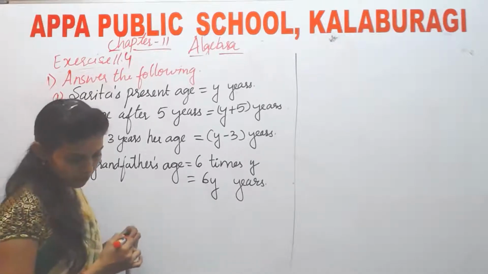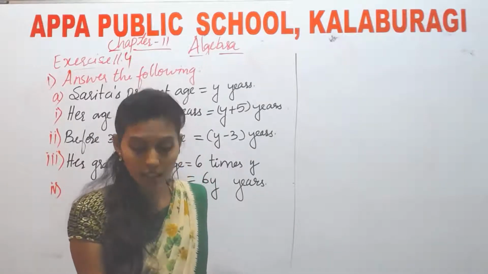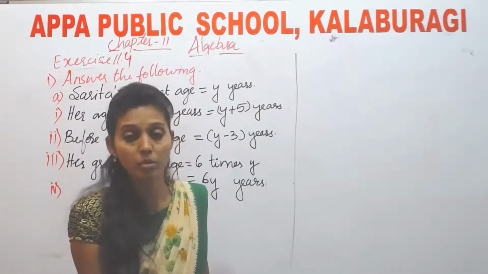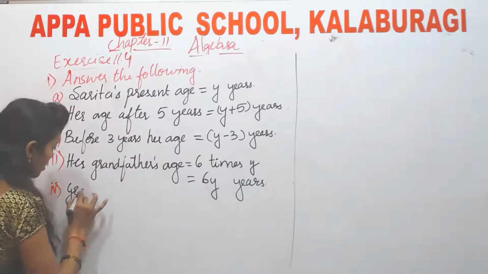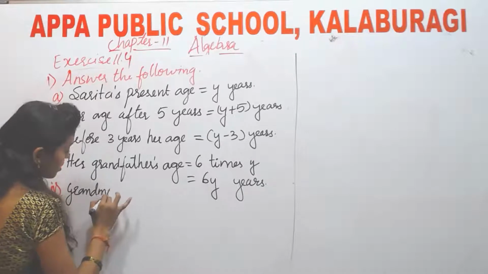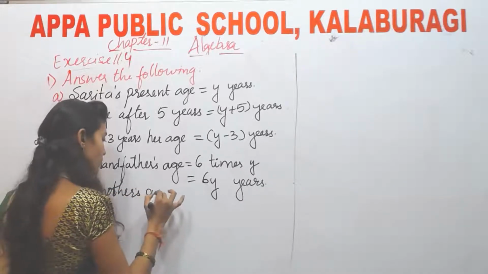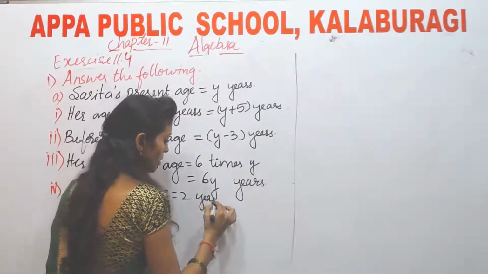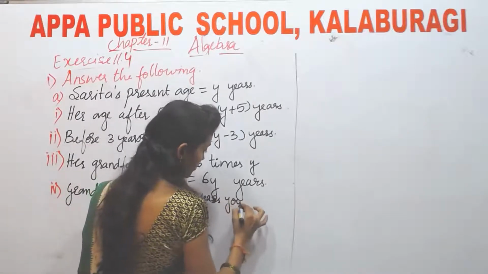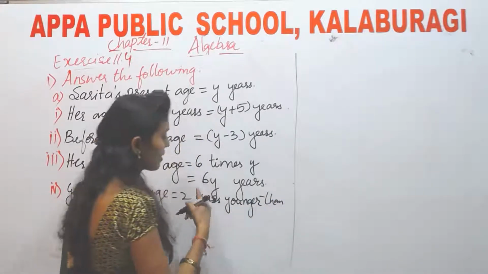Next, fourth one. Grandmother is 2 years younger than grandfather. What is grandmother's age? Grandmother's age is 2 years younger than grandfather's age.